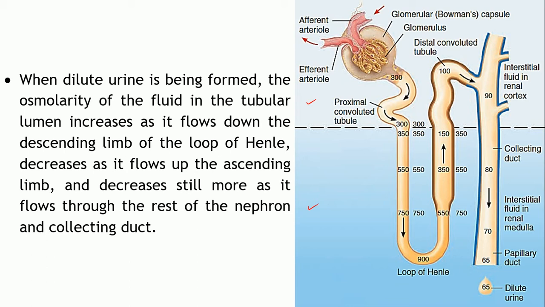Here it was 300, now it is 350, it has become 550, still deeper layers 750, 900. So what has happened to the osmolarity? It is increasing. Further, as it flows through the ascending limb of the loop of Henle, as it is ascending upwards, the osmolarity is decreasing.